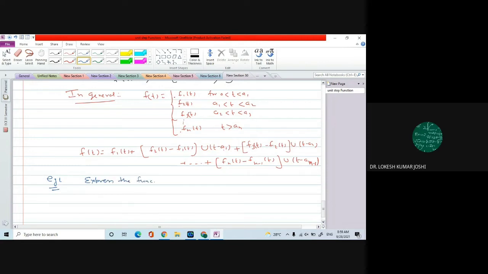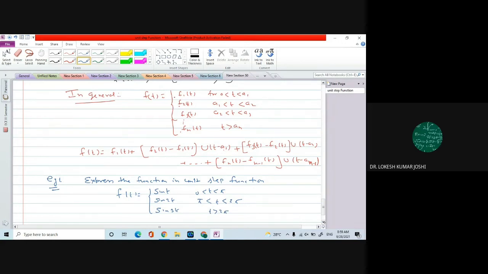Express the function in unit step function, where f(t) is defined as sin t whenever t is lying from 0 to pi, its value is sin 2t whenever t is lying from pi to 2 pi, and its value is sin 3t whenever t is greater than 2 pi.